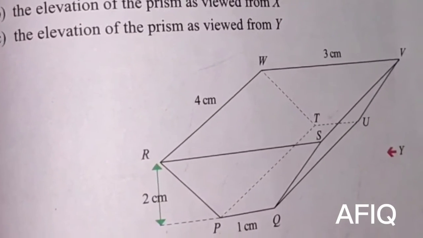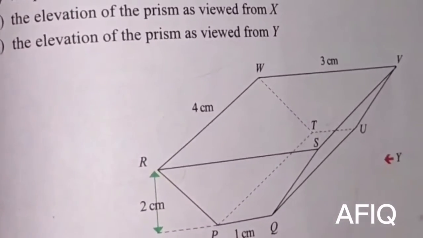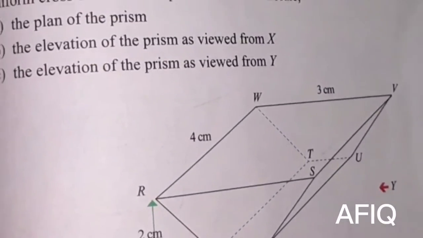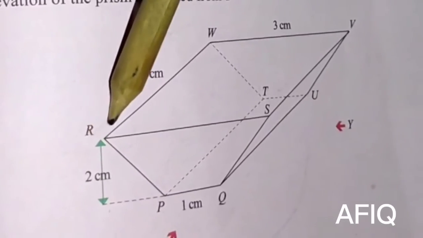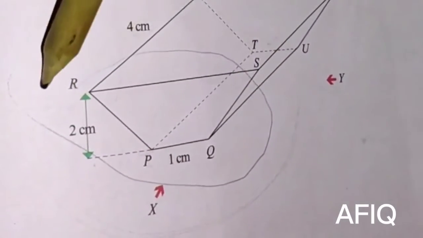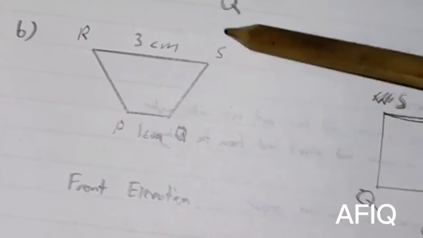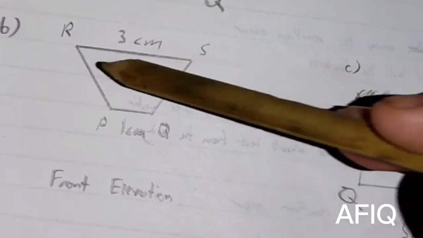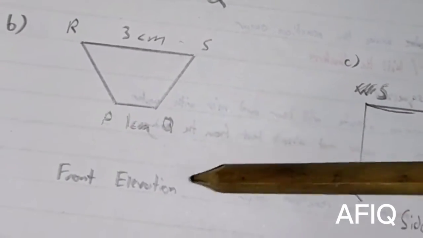Which part should we draw? You should not draw all of it. You just need to take the front part of X like this, PQSR. And the answer should be PQSR with a measurement 3 cm, RS and PQ 1 cm.